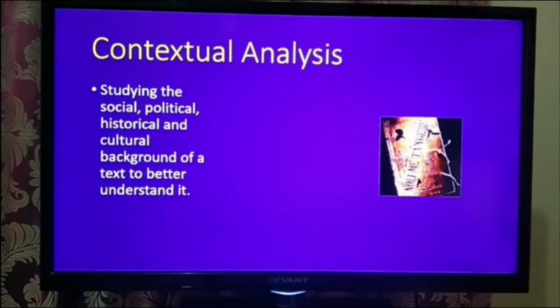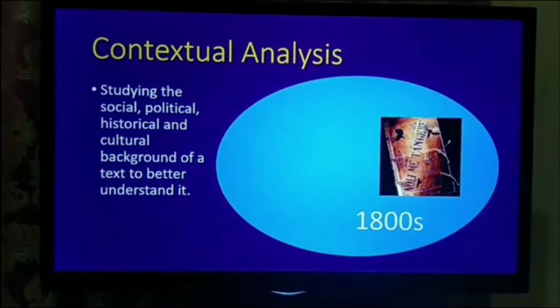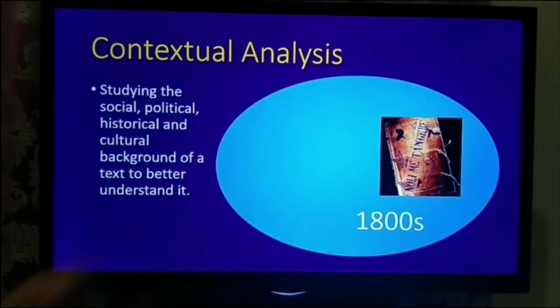Okay, and you found it, and now you're going to do contextual analysis. So when you say contextual analysis, you will focus on the background of that material, represented by this circle. And the background of Noli Me Tangere is it was written in the 1800s. That's more than 100 years ago.